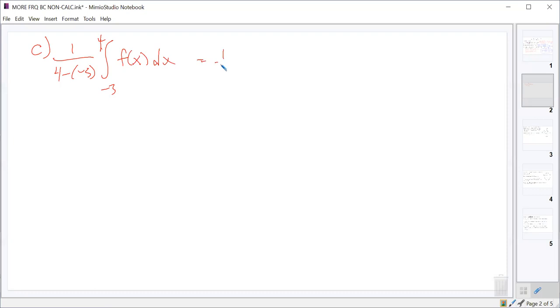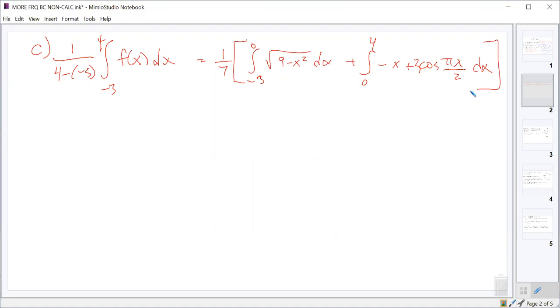So we're going to have to split it: 1/7 times the integral from -3 to 0 of root 9 minus x squared dx, plus the integral from 0 to 4 of -x plus 3 cosine pi x over 2. Does that look right? Yeah. Good. Okay. Cool.